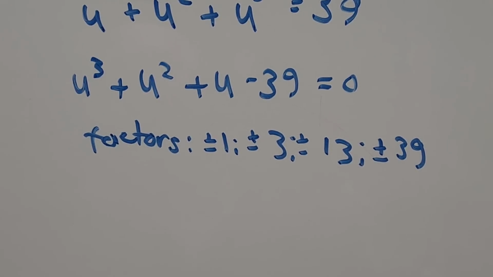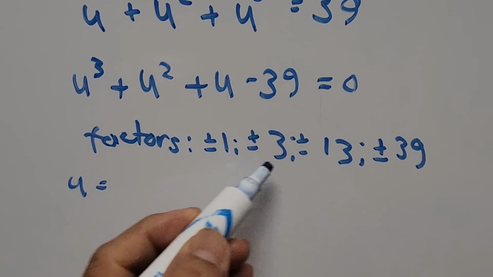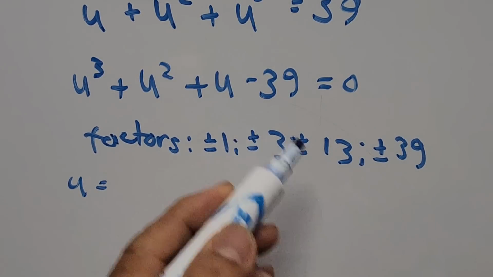And so at this stage, we're looking for the factor that's compatible with our equation, right? What does it mean by that? We're trying to find the first root of u, right? So u can be any of these factors of negative 39.